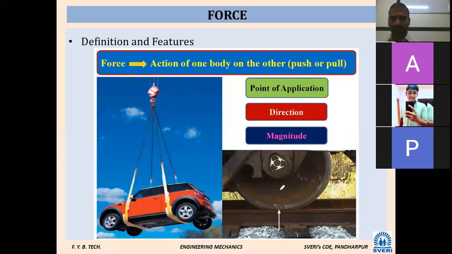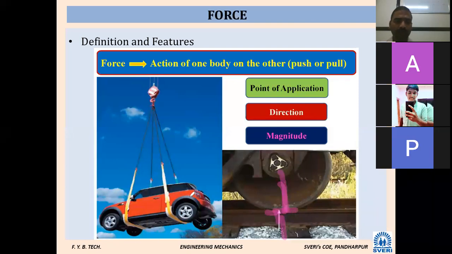The weight is acting in the downward direction, and its reaction is acting in the upward direction. Where is the point of application? This point is the point of application. In which direction? It is acting in the downward direction. And magnitude is the weight of this wheel, which is acting on this point.